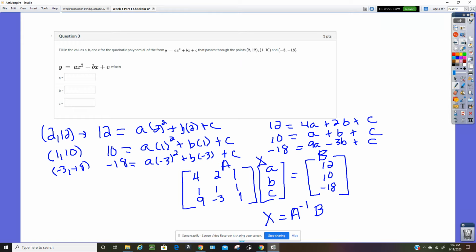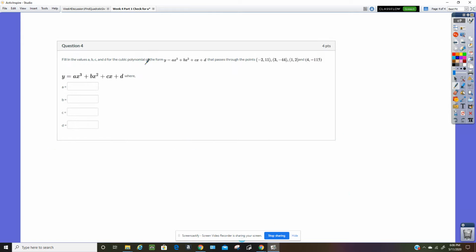And then question 4. So here you're going to do the same thing, but I'm not going to do every one of these, I'll just do the first one here. Negative 2, 11. Here you're going to have 4 equations and 4 unknowns.